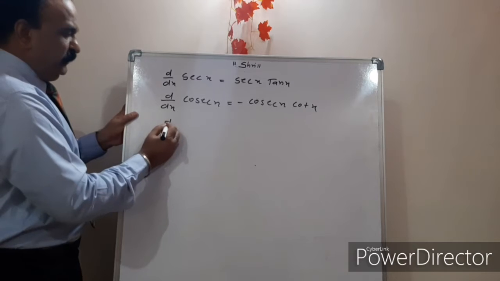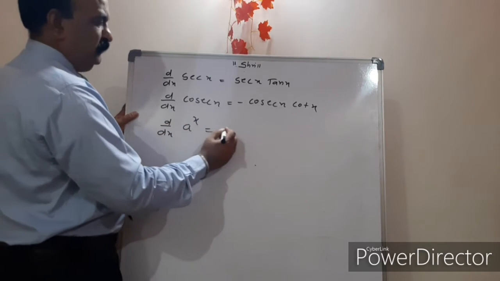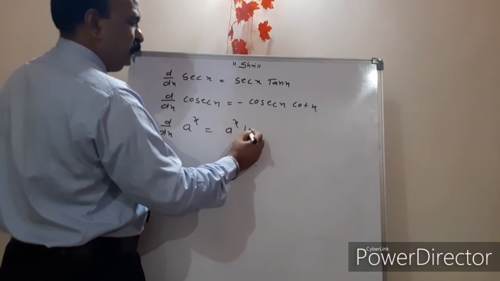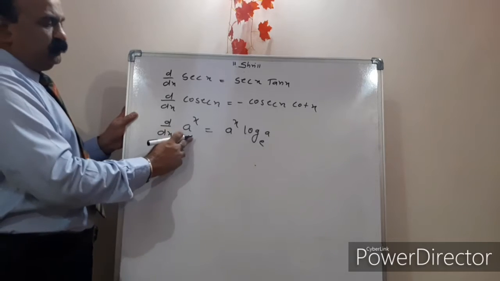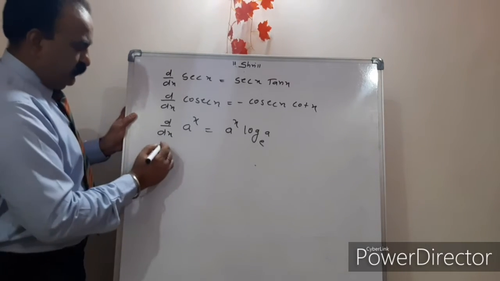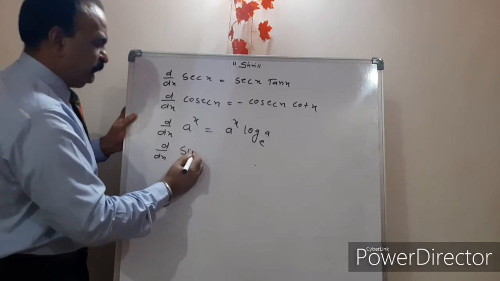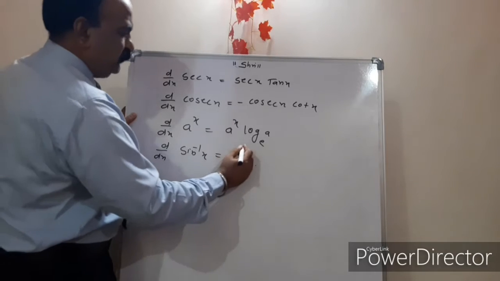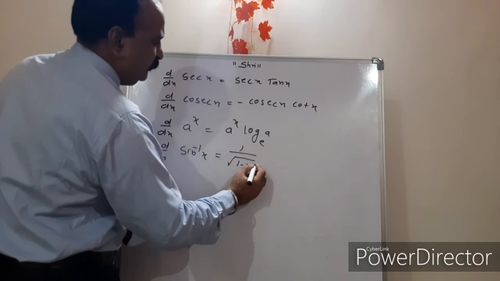Clear? d/dx of a to the power x is equal to a to the power x log of a to the base e. Okay. Now d/dx of sin inverse x is equal to 1 upon under root 1 minus x square.